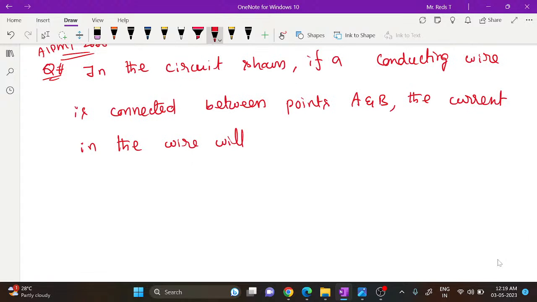So the circuit is given and also options are given. I'll give you the options here and the circuit over here, at the side.